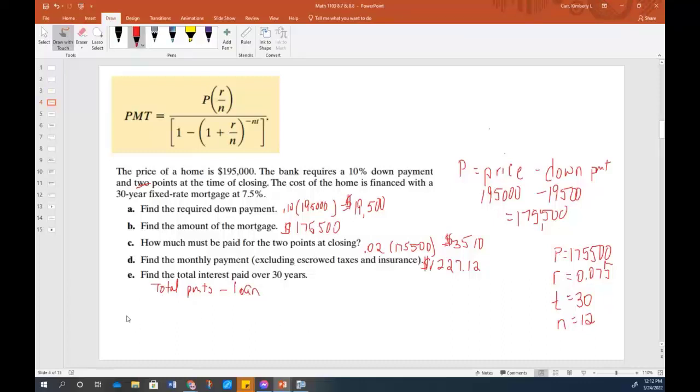So what we know is that I'm going to pay $1,227.12 times, I'm just going to put them in parentheses here, times 12 payments a year times 30 years minus $175,500 loan.